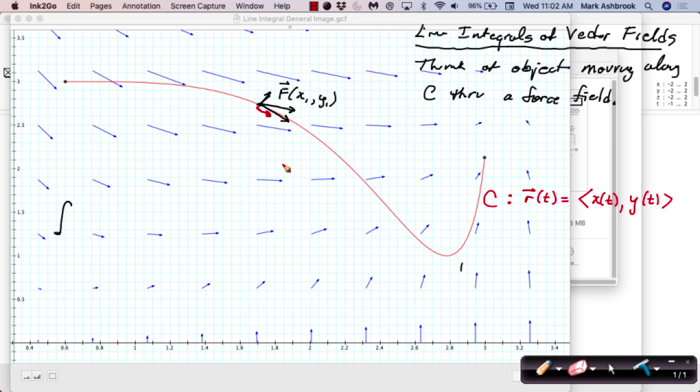Remember? r prime, right? r prime of t is another set of vectors that always points in the direction of the curve. So that's dr/dt, which is dx/dt, dy/dt.